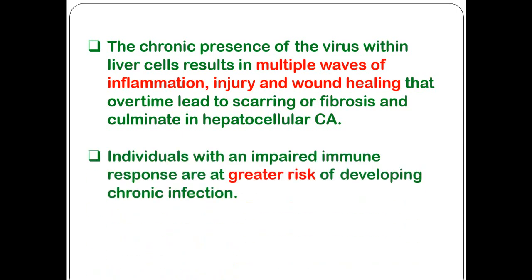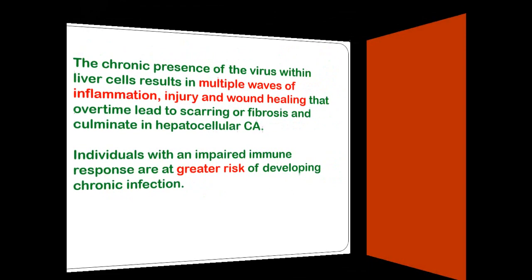And of course, because the strength of the immune response is one of the determinants of the nature of the viral presence in the liver, individuals with an impaired immune response are at a greater risk of developing a chronic infection.